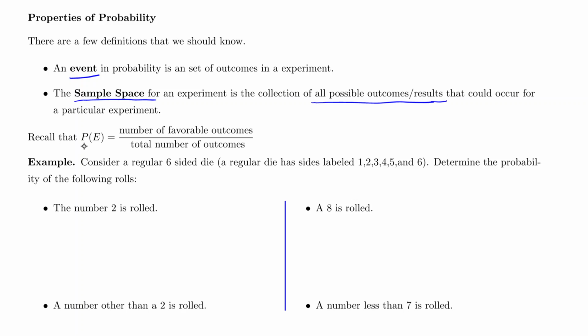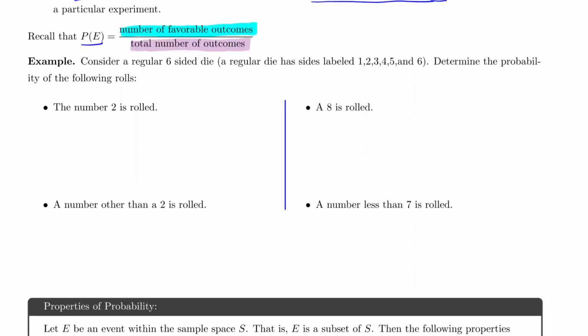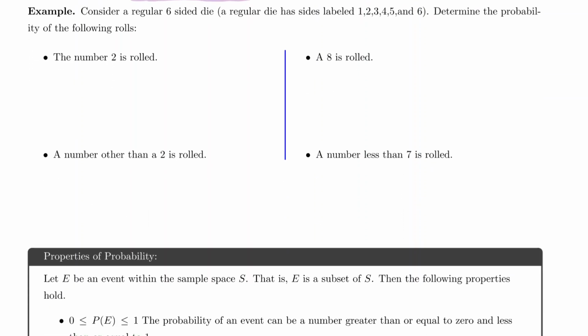So recall the probability of an event is the number of favorable outcomes divided by the total number of possible outcomes. So let's look at more examples. Now in this case, we're rolling a die. Consider a regular 6-sided die, and a regular die has sides labeled 1, 2, 3, 4, 5, and 6.